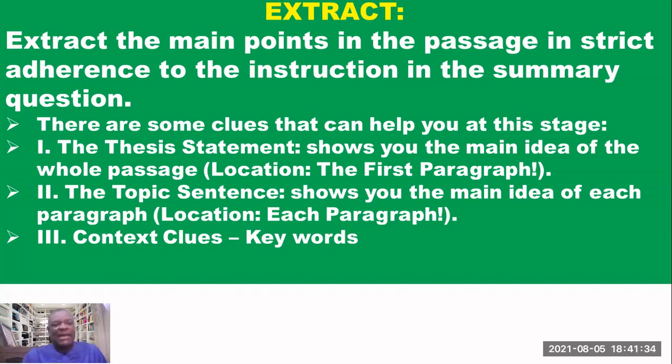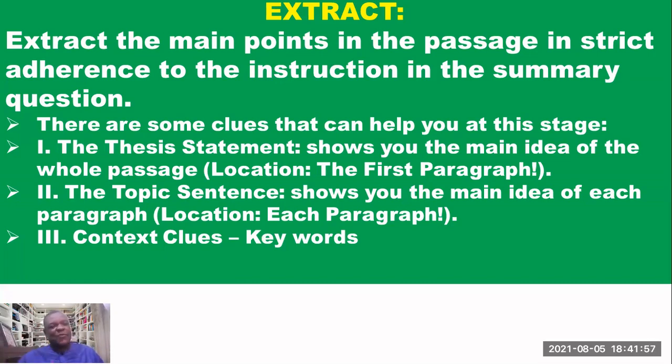So if you are asked to summarize in 3 sentences the factors responsible for road accidents as described in the passage, you get to paragraph 2, you simply extract the idea that the roads are bad. And that will give you the first sentence.